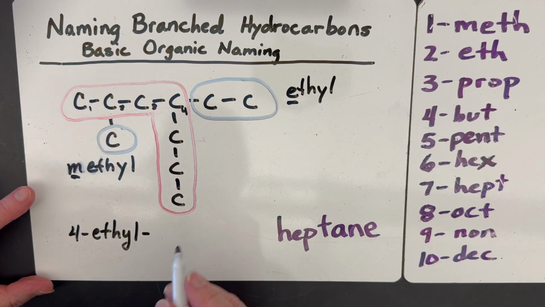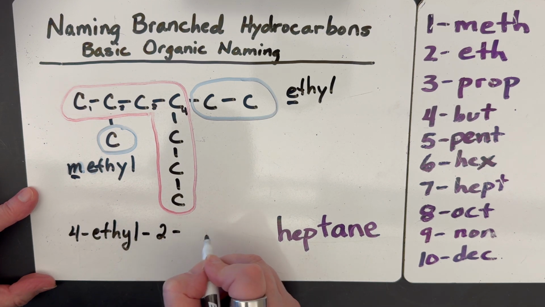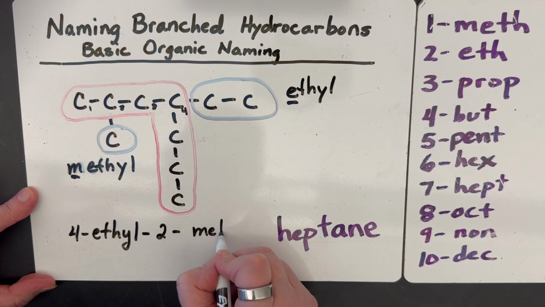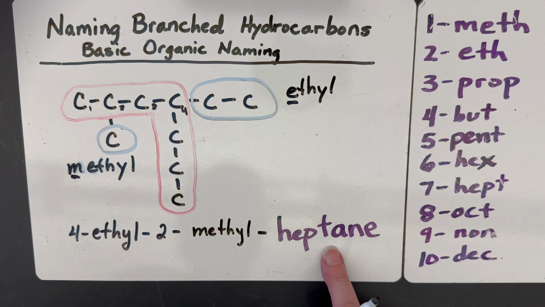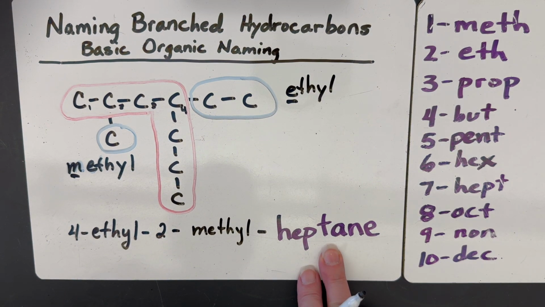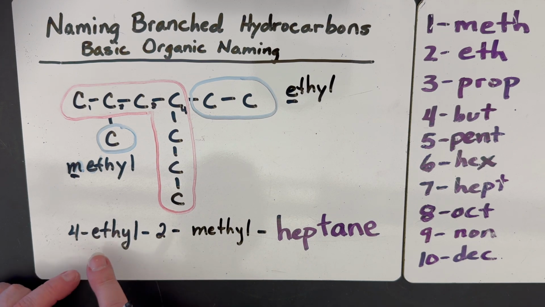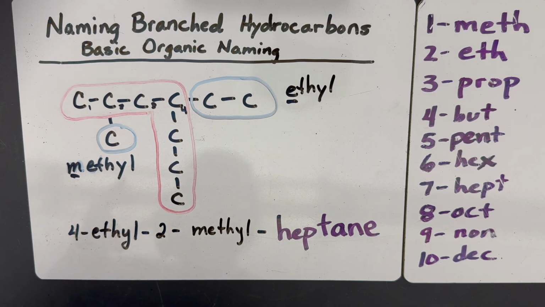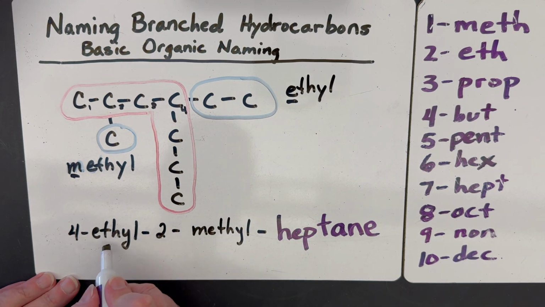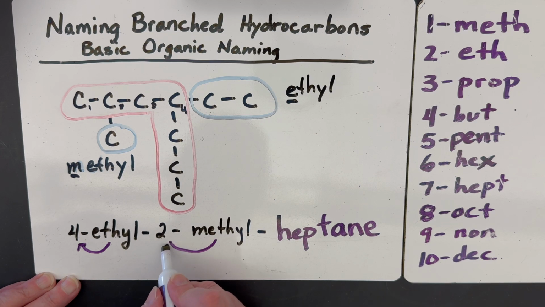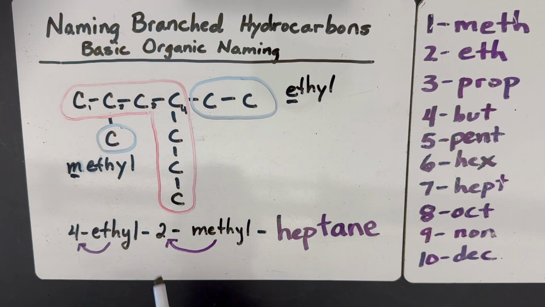So it's coming off of carbon 2, and it is a methyl group. So this tells you the parent is heptane. It's got a methyl group hanging off of carbon 2, an ethyl group hanging off of carbon 4. So the number goes in front of the group, and the number tells you the location of that group.